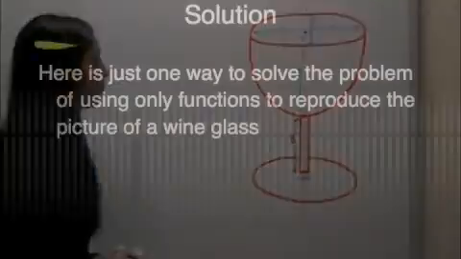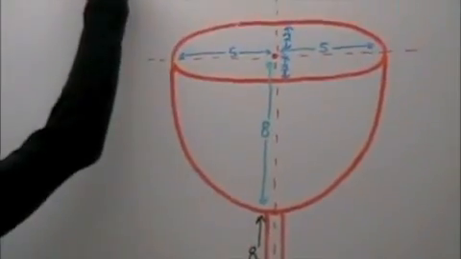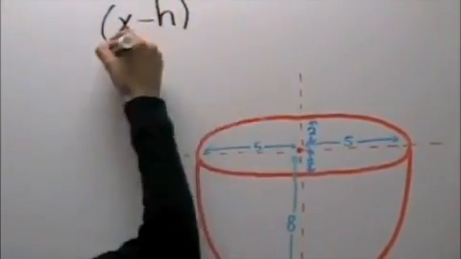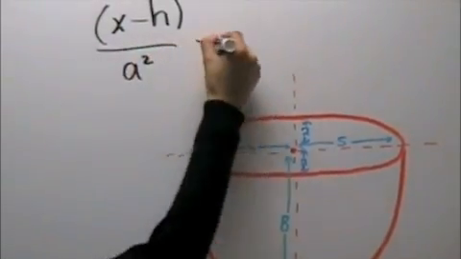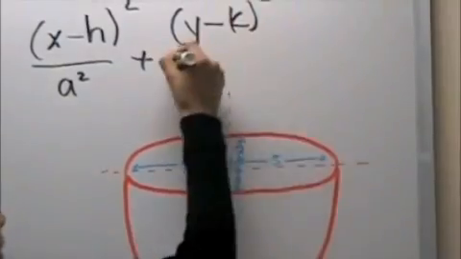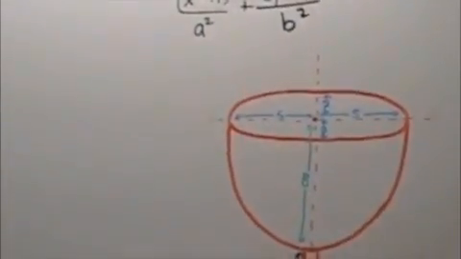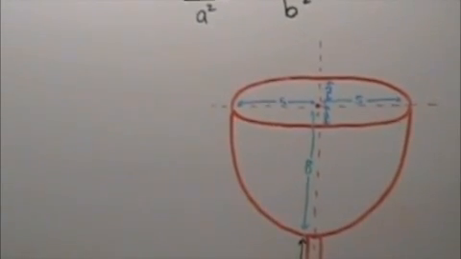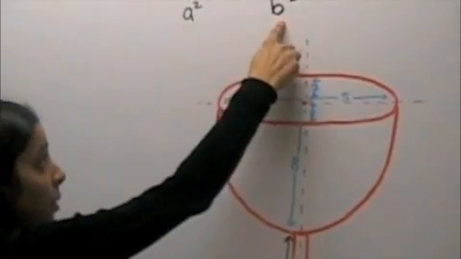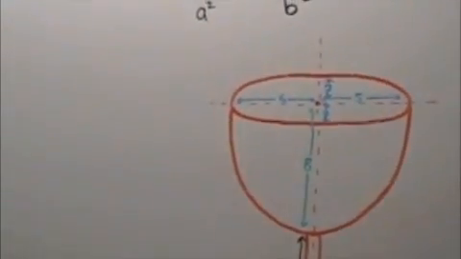Let us consider the restrictions and equations for these functions. The general form of any ellipse is given by the equation (x minus h) squared over a squared plus (y minus k) squared over b squared is equal to 1. Here, h and k represent the center of our ellipse, a represents the horizontal distance, and b represents the vertical distance. Let's consider this horizontal ellipse.